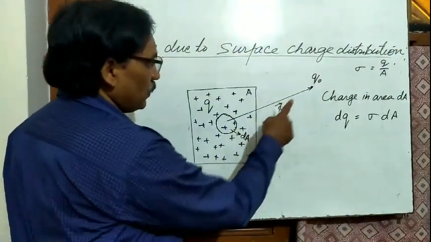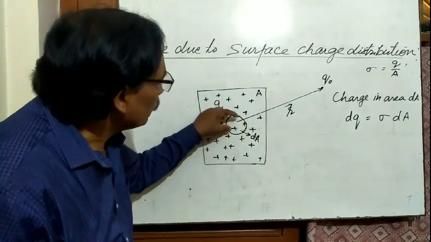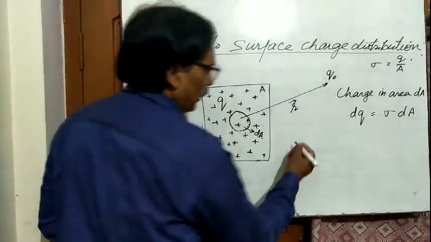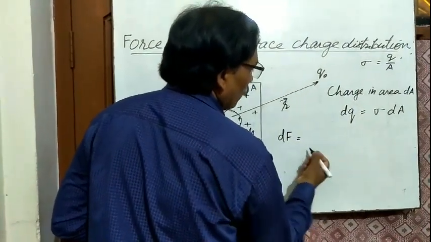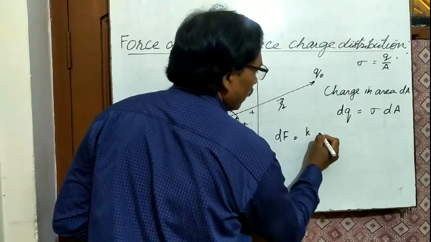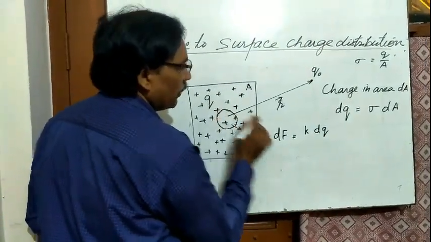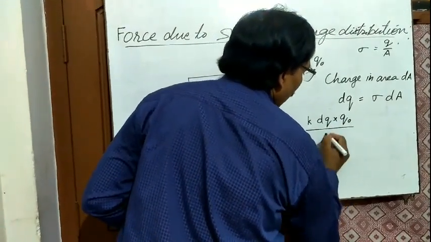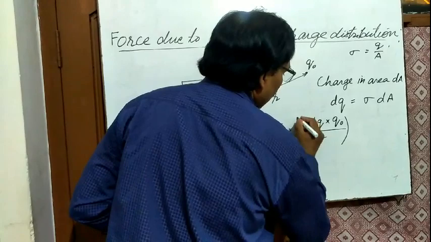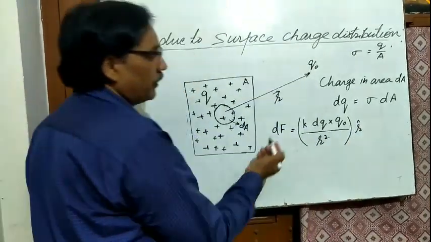So a small force acting on charge Q naught due to charge dQ in this small area, that is dF, is equal to, applying Coulomb's law, K dQ into Q naught by R square into R cap. Of course we are writing it in vector form.